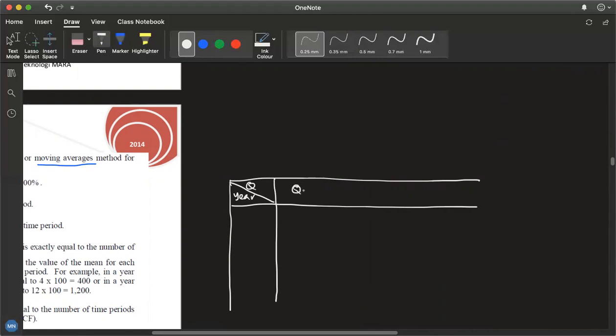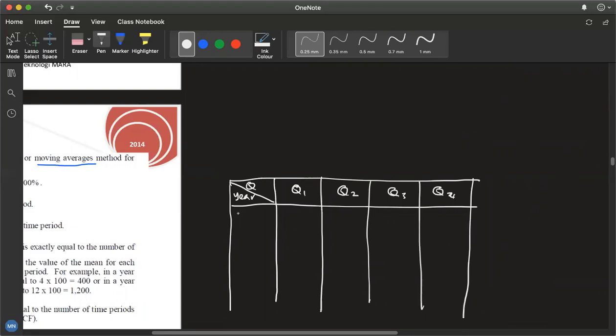So this is quarter number 1, quarter number 2, quarter number 3, quarter number 4. And the last, we need to create the table based on this value. Right. So the first row should be year 2005. Second row, year 2006. Third row is year 2007.